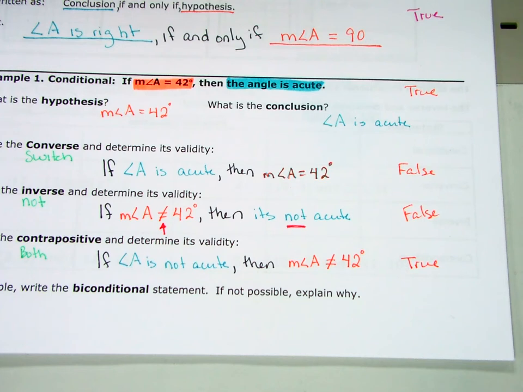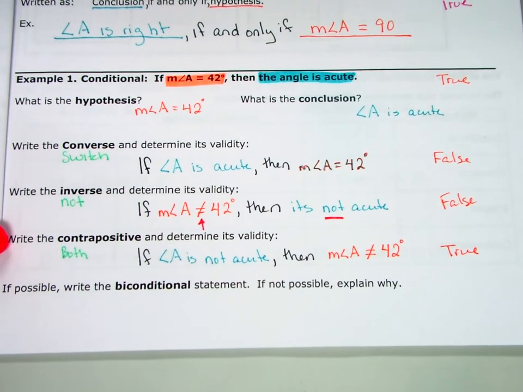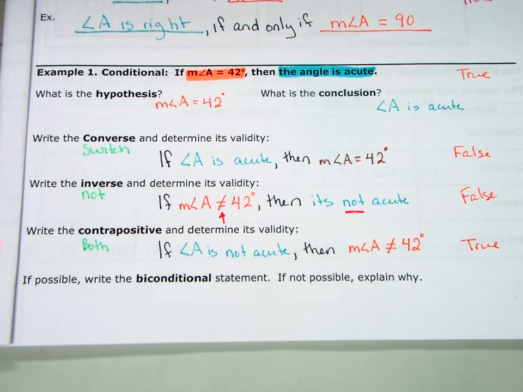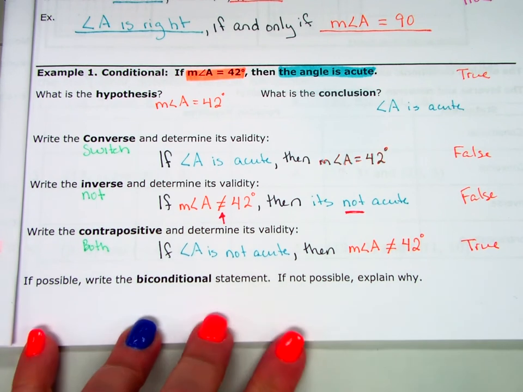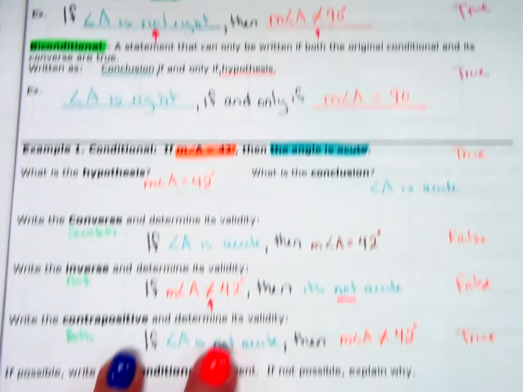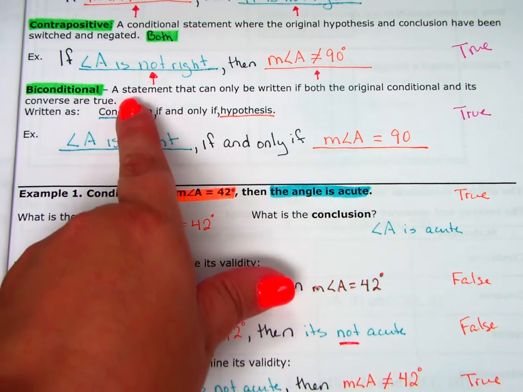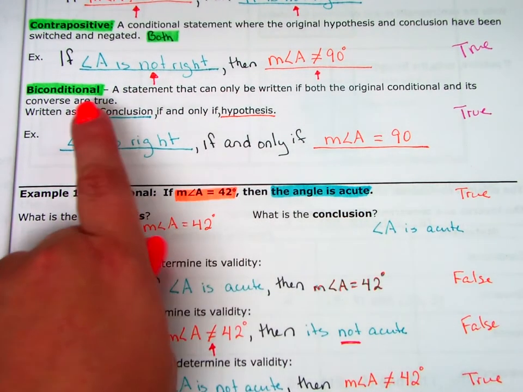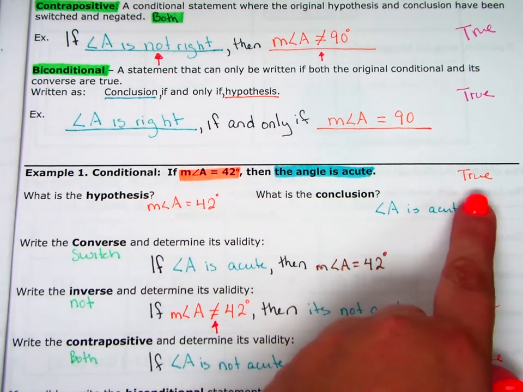All right. If possible, write the biconditional statement. If not possible, explain why. Can I write the biconditional statement? No, ma'am. Why not? Because the converse and inverse are not true. Right. Because which one's not true? The converse, right? If I look up here, it says a statement that can only be written if the original conditional and its converse are true.